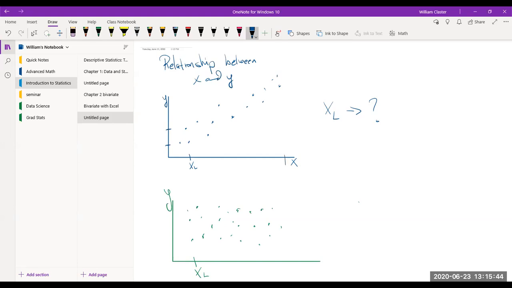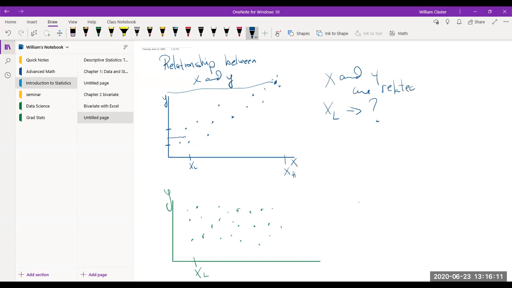Whereas if I know that X is high, maybe up here, then I know that Y is also going to be high, right? So maybe about here. So if I know that X is low, then I know that Y is going to be low also.